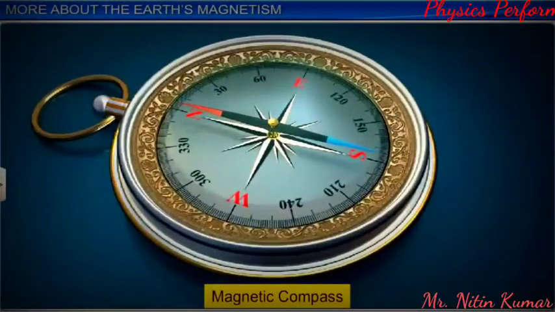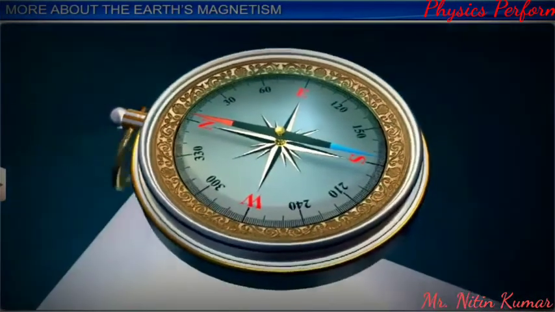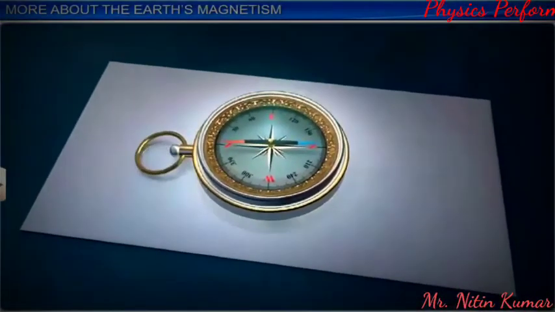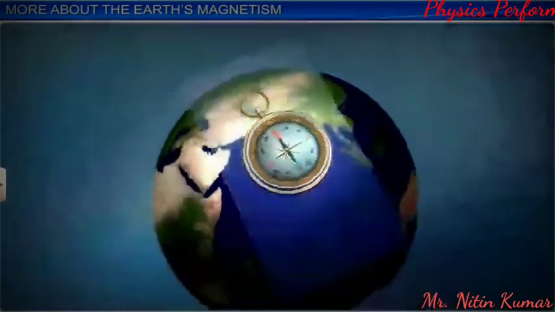When the magnetic compass is placed in a horizontal plane on Earth's surface, it aligns itself along the direction of the horizontal component of the Earth's magnetic field at that point. Or, it can be said that the needle aligns itself along the magnetic meridian at that point.